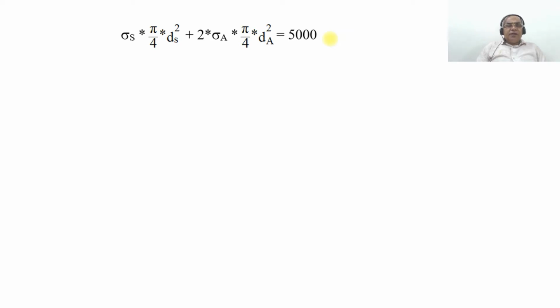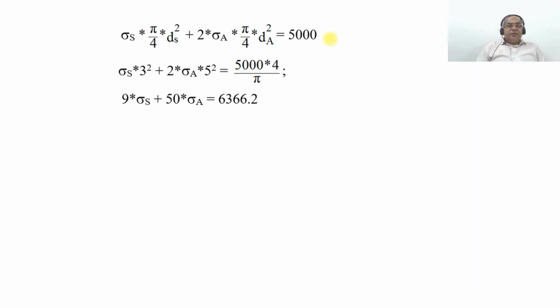Pi by 4 into d squared, plus 2 into sigma A into pi by 4 into d squared, equal to 5000. Taking pi by 4 to the right hand side by cross multiplication, sigma S into 3 squared plus 2 sigma A into 5 squared will be equal to 5000 into 4 divided by pi.